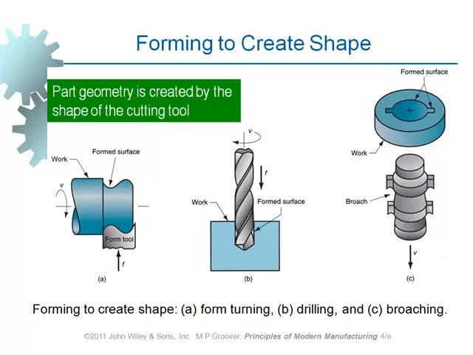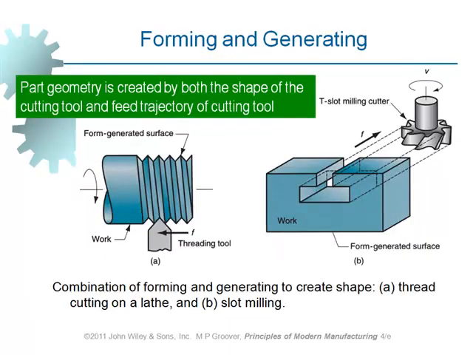The shape which is machined is telling us about the shape of the cutting tool which is used to make it, which wasn't the case in the previous slide. Notice that? There is a difference between the two. That's why these methods are named processes which are categorized under forming to create shape. Forming to create shape. The form of the cutter, which is used in order to bring the part to final shape and geometry.